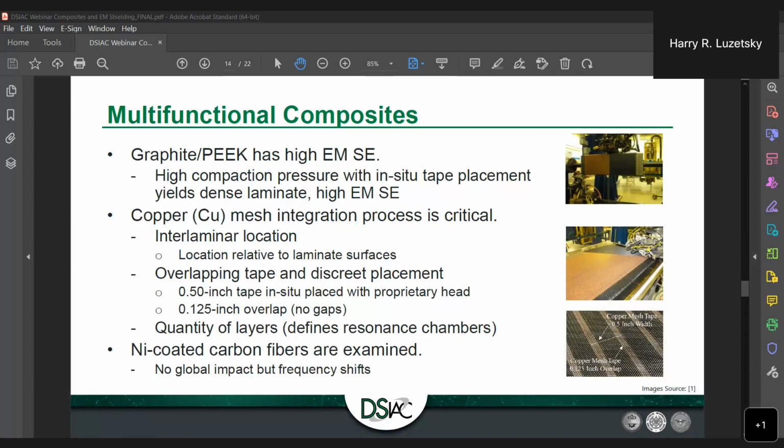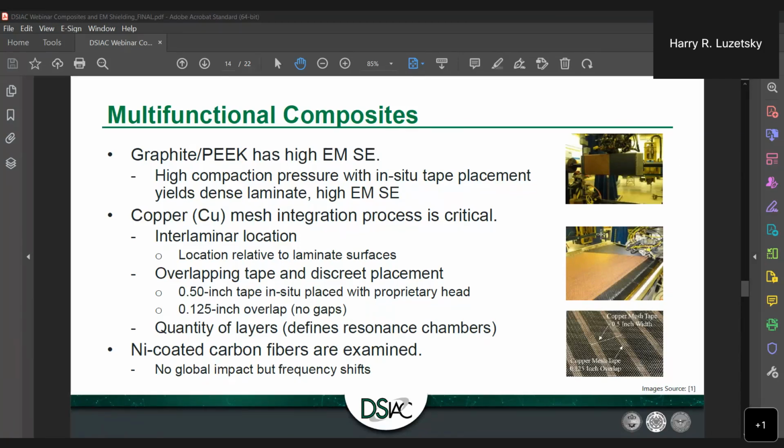Think of a composite material in these terms: your graphite material represents a conductive layer, your resin represents an insulative layer, and if you have a large number of insulative layers compared to your conductive layers and you don't have a high enough compaction, you're going to get a structure that exhibits a lower conductivity. If you have a high compaction, you get nice intimate contact between all the graphite, and that's basically what happens with this type of process.